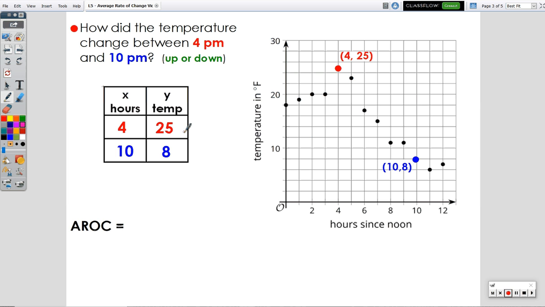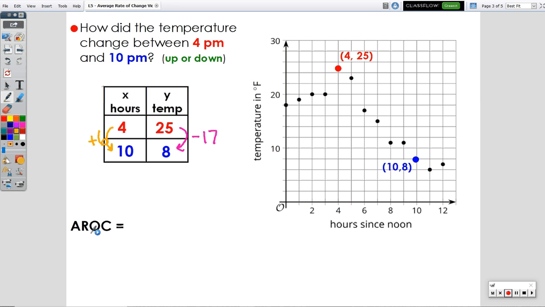We're actually going to do the rise over our run, so our y values come first. So the first thing I'm going to do is look for how my temperature changes from 25 to 8. From 25 to 8, we drop 17 degrees. This is a drop of 17 degrees, so we're going to write minus 17. Now the next thing I need to do is look at my run, or the change in my x values, to go from 4 o'clock to 10 o'clock. That's an increase of 6 hours.